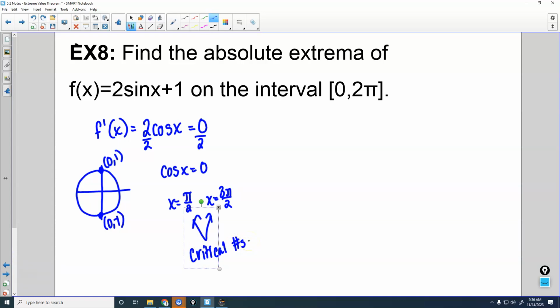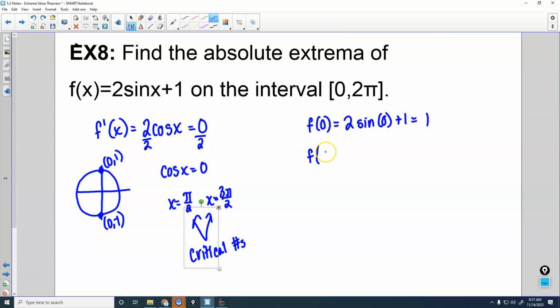We need to test the endpoints and the critical numbers in the original, not in the derivative. So f of 0 would be 2 sine of 0 plus 1. What is sine of 0? 0, so 2 times 0 plus 1 is going to give us 1.